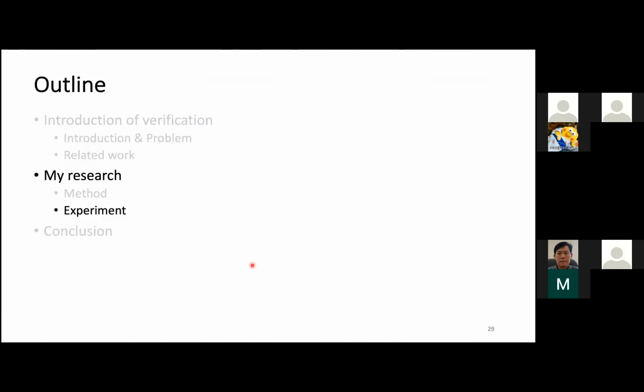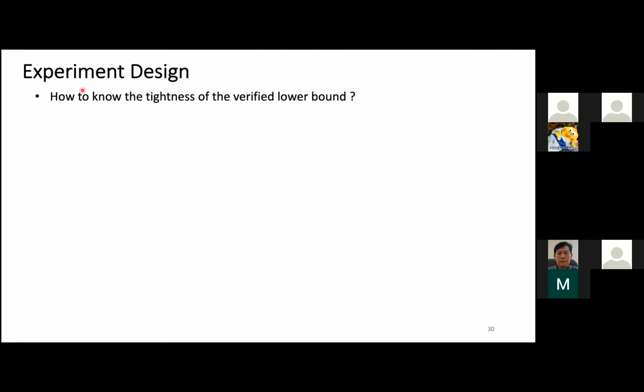So let's move on to the experiment part. In the experiment part, the first thing we want to know is the tightness of the verified lower bound we propose. So here we design the experiments like this.